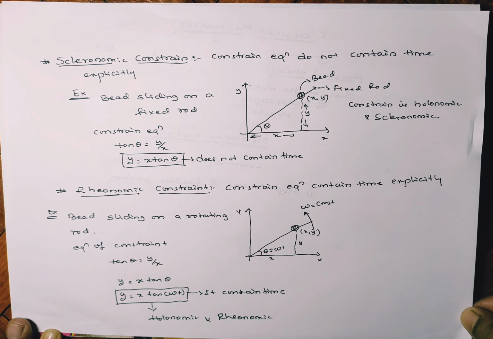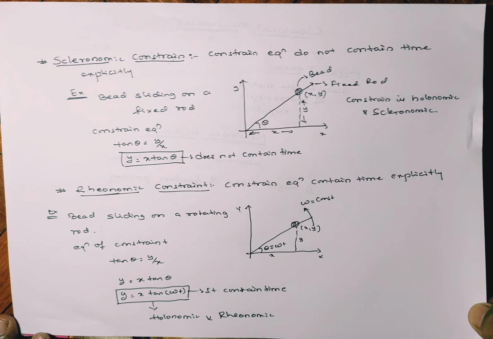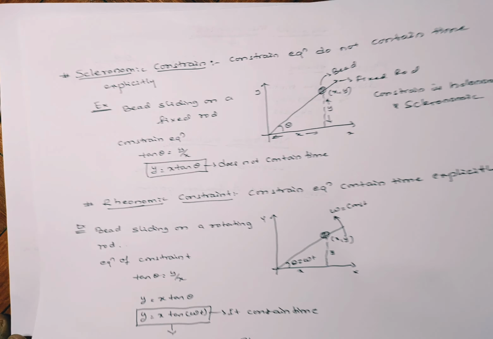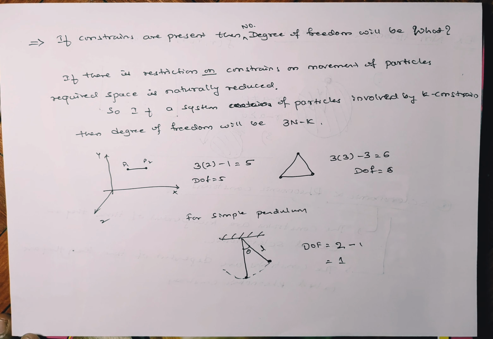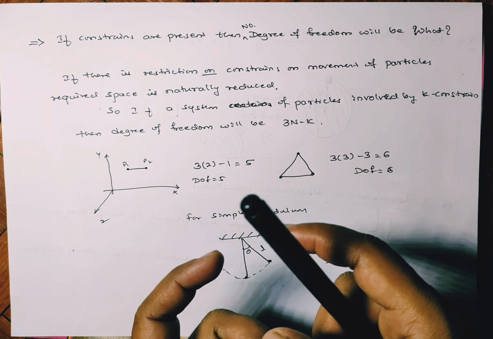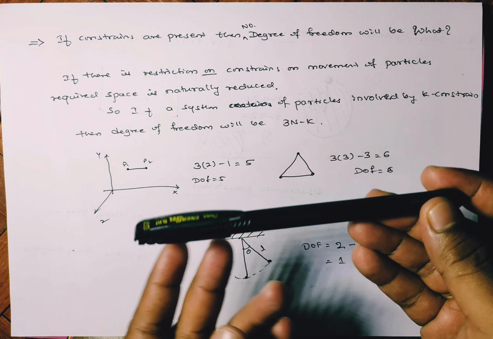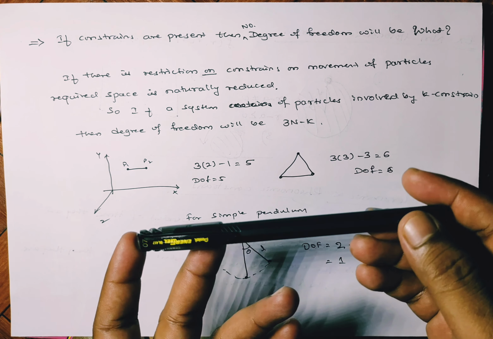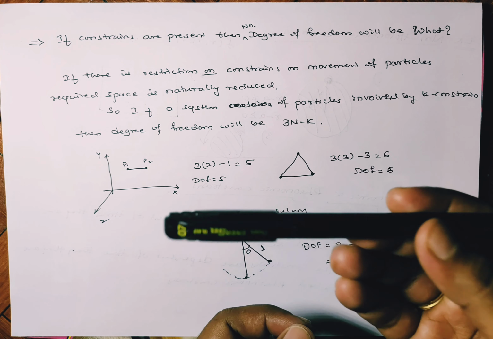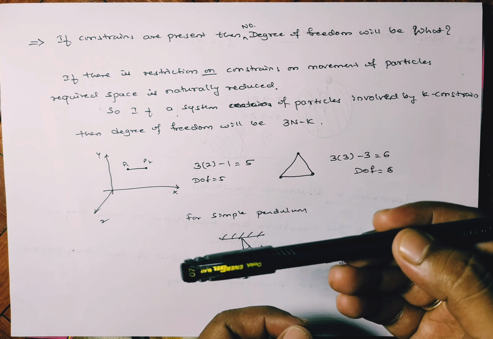And the next one, actually I forgot some points while explaining the degrees of freedom, regarding when constraints are present. For example, this is a pen, which can move along the x-axis, y-axis or z-axis.